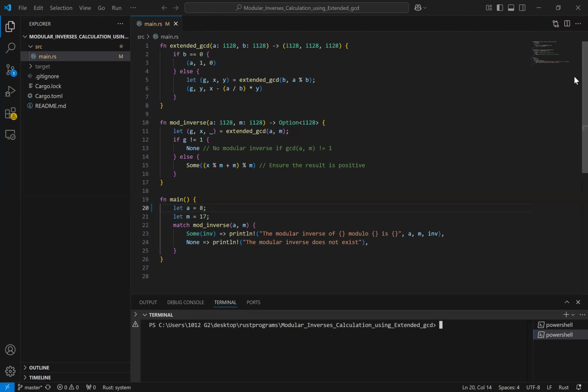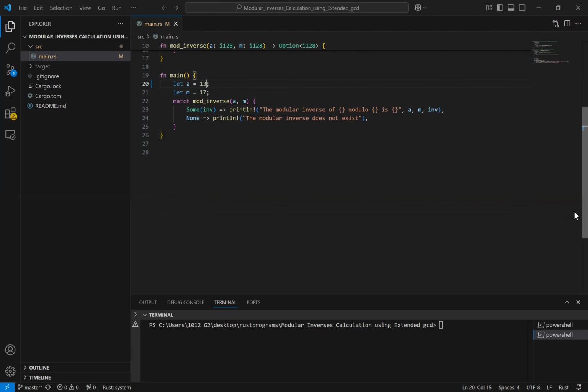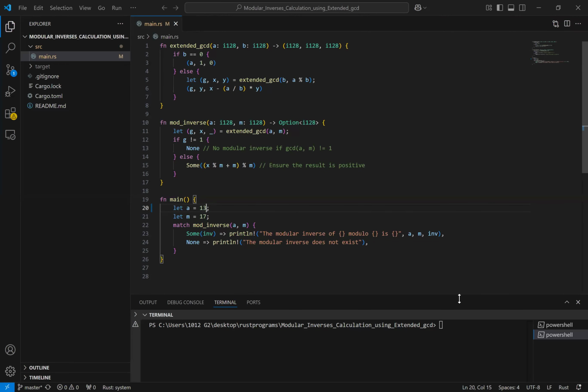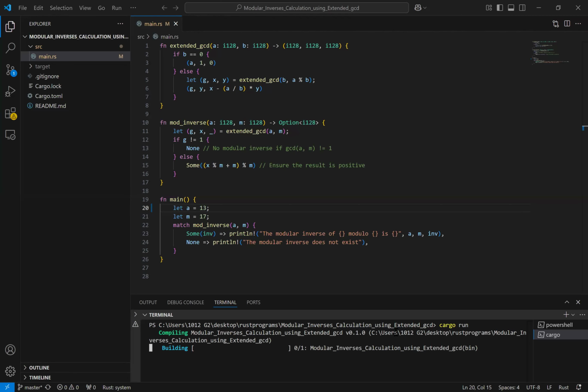Okay, this is the code for finding modular inverses, and I want to find the modular inverse of 13. You can see my code?